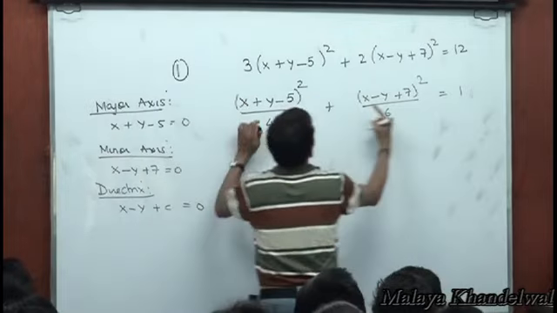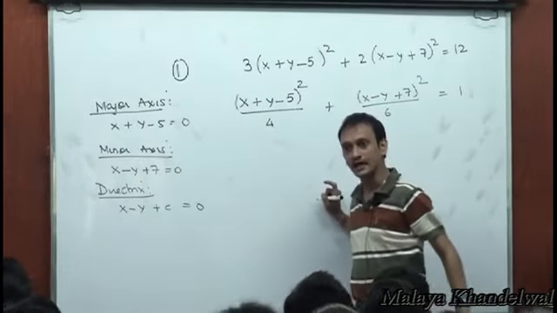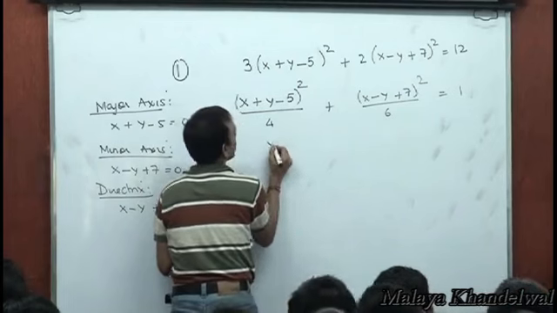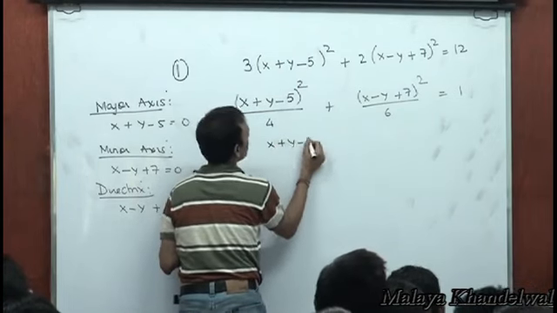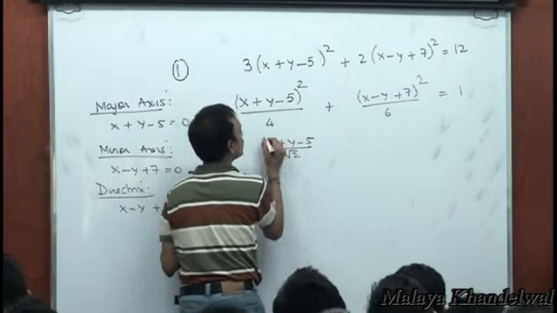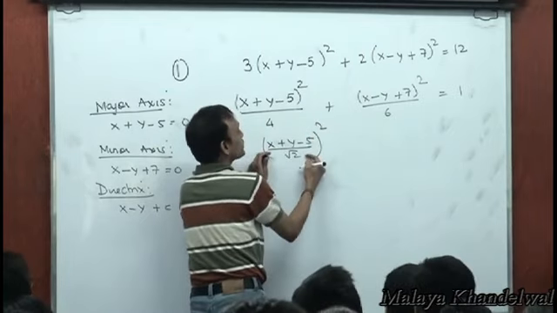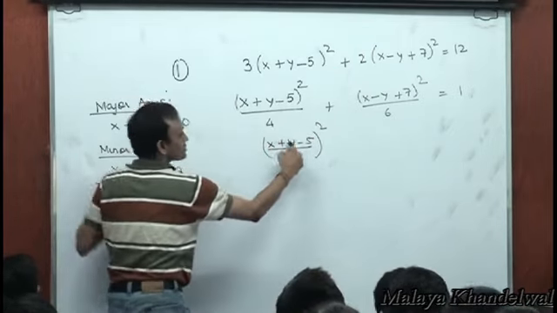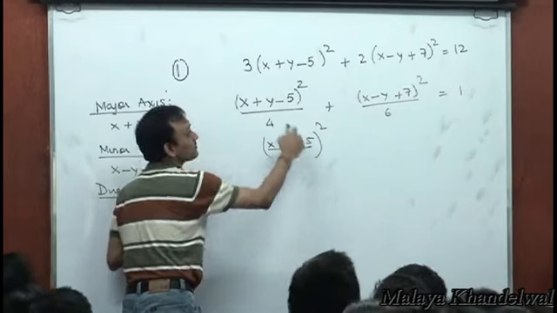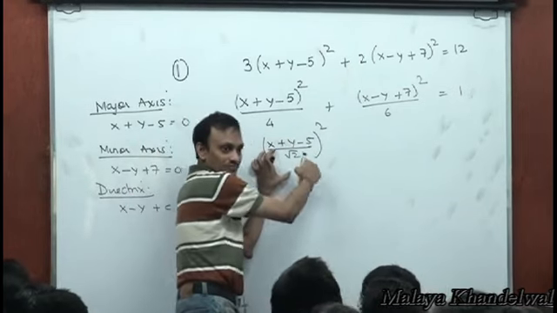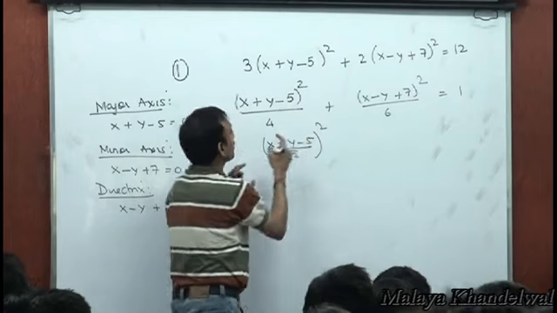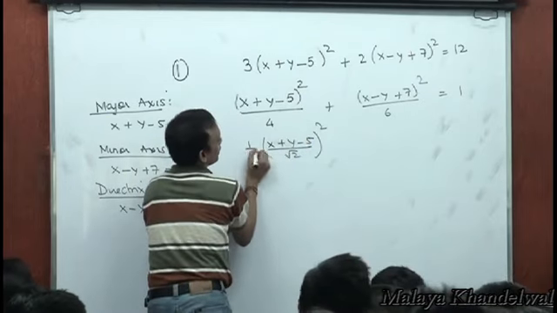Now for any point (x, y) on the ellipse, this condition is satisfied. Now this is (x plus y minus 5) by root 2 whole squared. This is the distance of (x, y), any point on the ellipse, from the major axis. This is 2, so this would be 1.